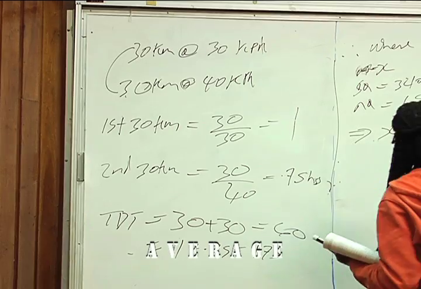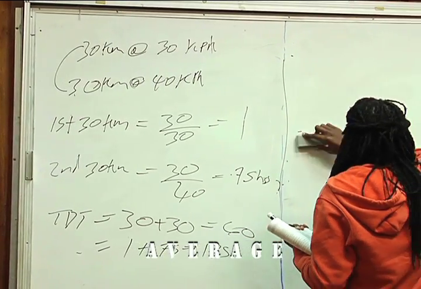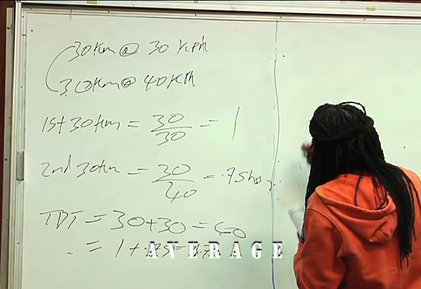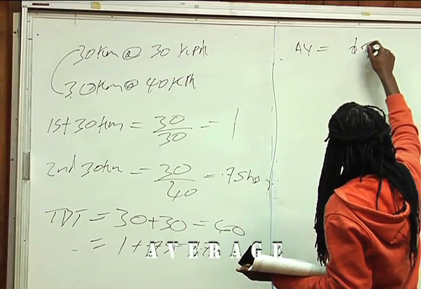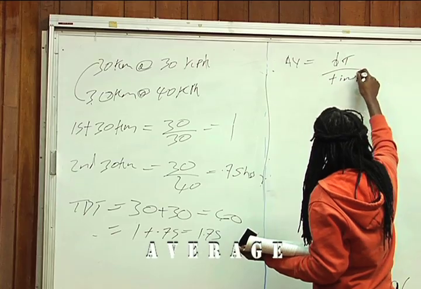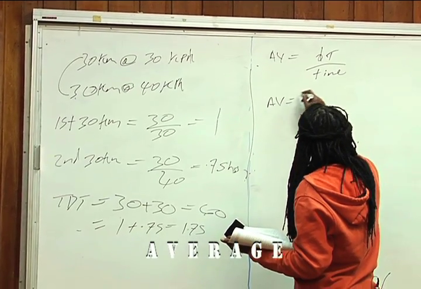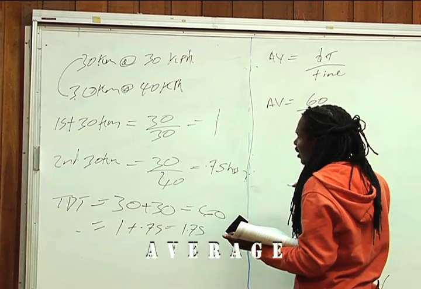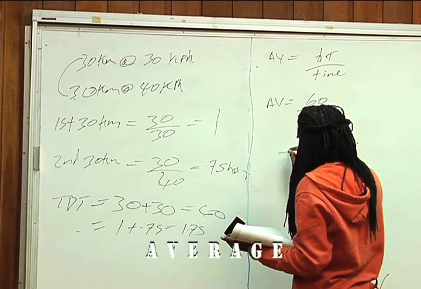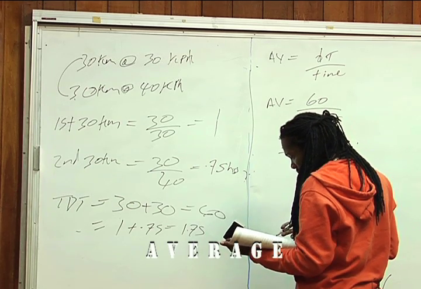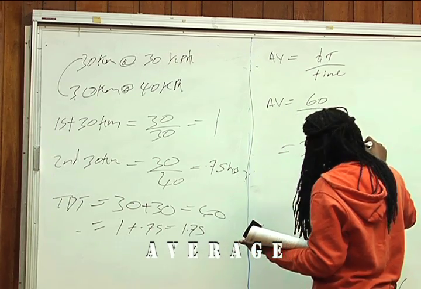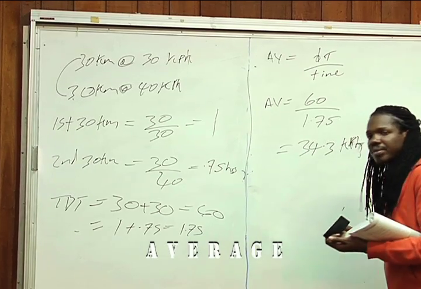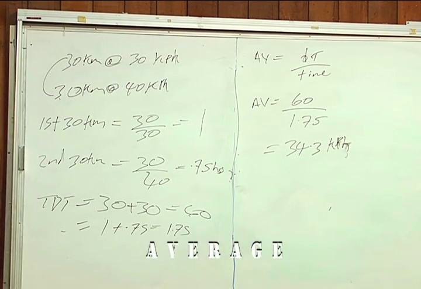The average speed is equal to distance traveled over time taken. 60 total over the time in hours, which is equal to 34.3 kilometers per hour. You understand that?